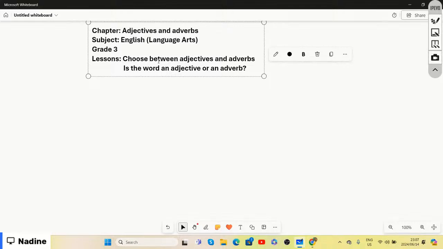Then it means that we need to know what an adjective is and we need to know what an adverb is. All right.